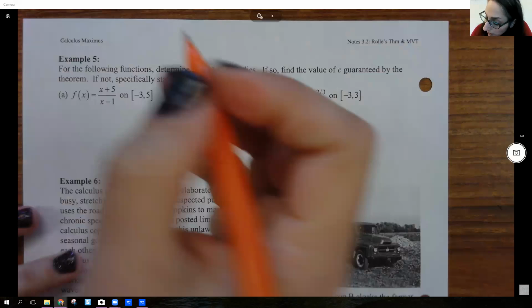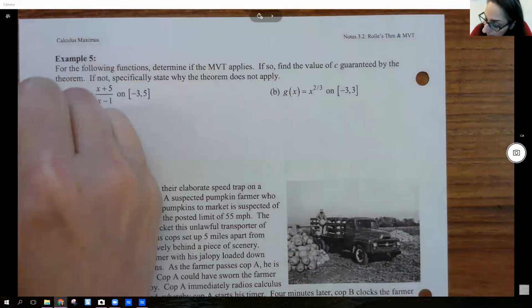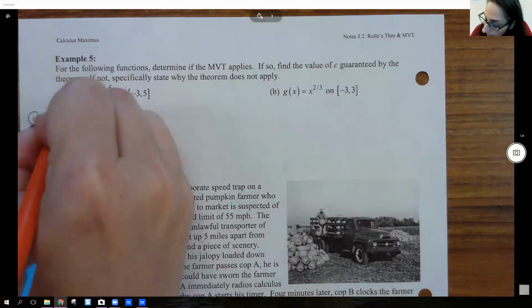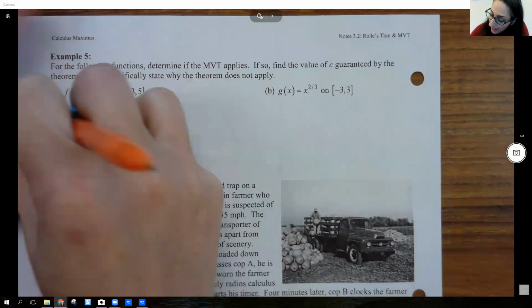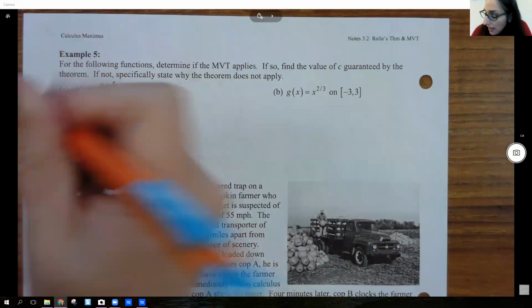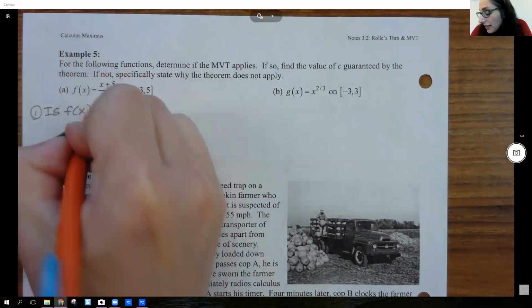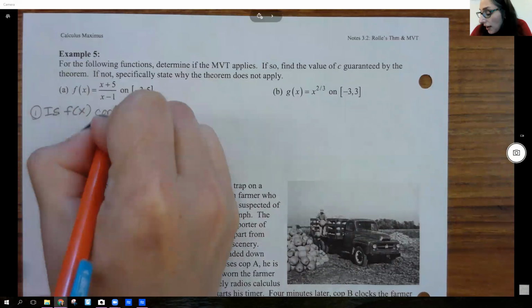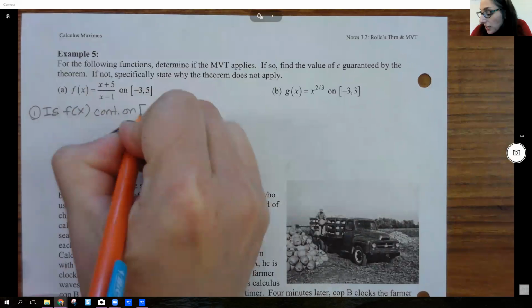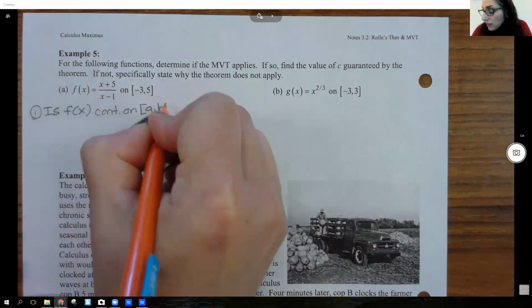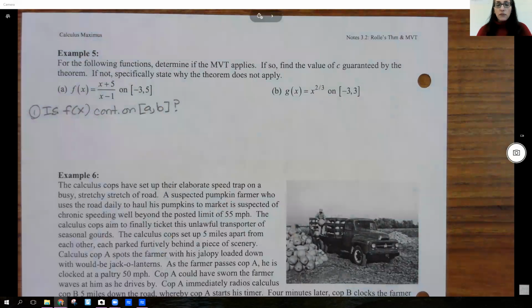So number 1 is f of x. Is f of x continuous on the closed interval? Yes or no? No. No, you're right. Why?